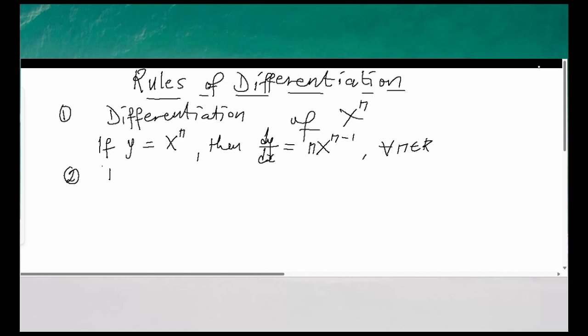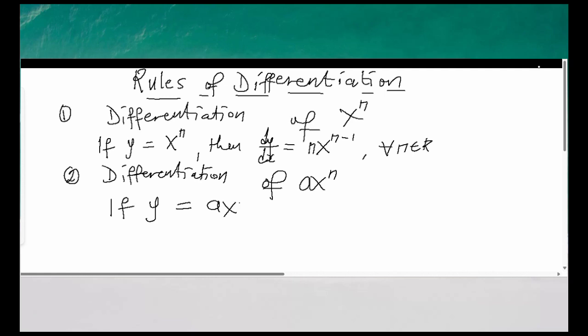Then the second, we're going to be talking of differentiation of a x^n. Okay, so the differentiation of a x^n. Again, let us assume that y is equal to a x raised to the power n.